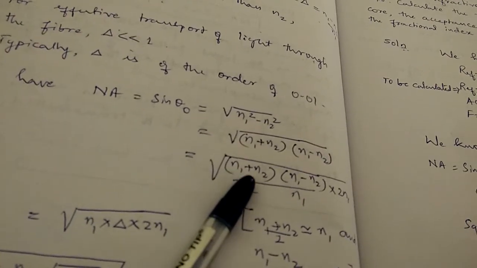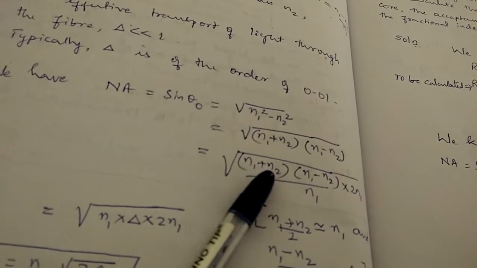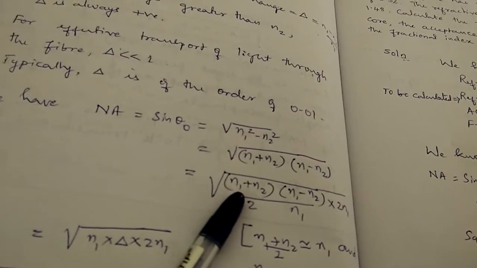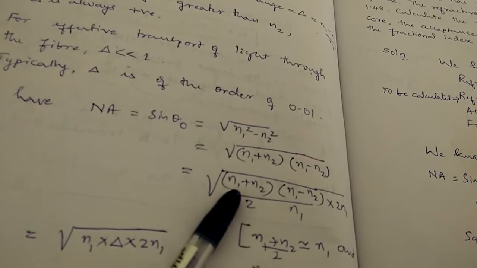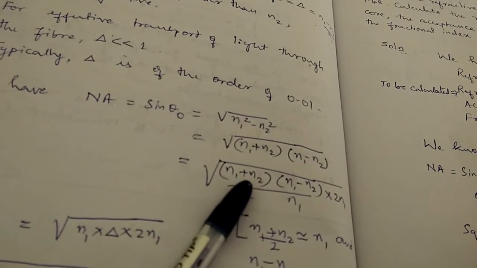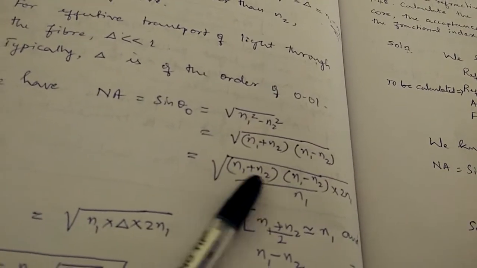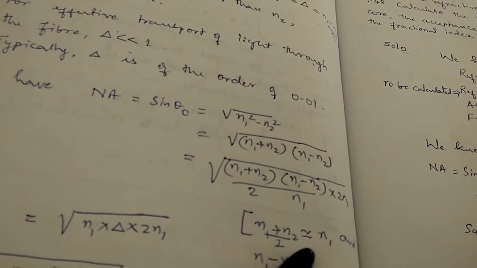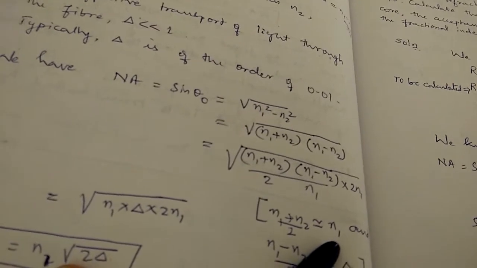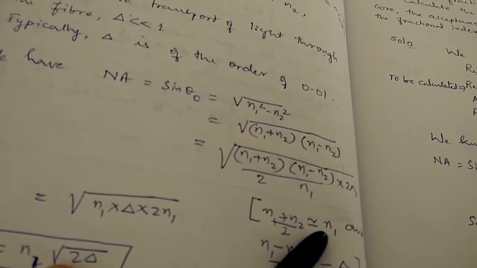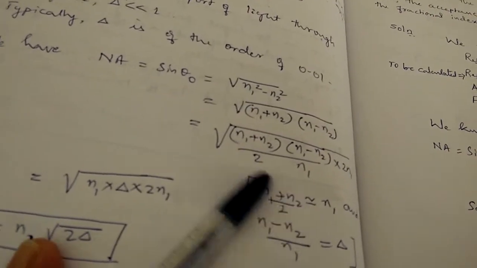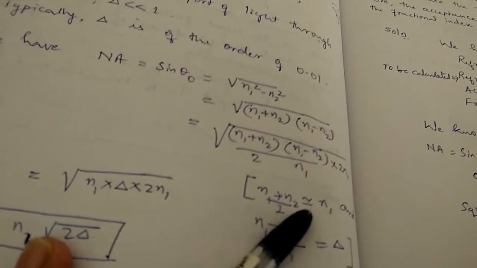Actually there won't be much difference between n1 and n2. Obviously n2 is less than n1, but it is only a little less than n1. That means the difference between n1 and n2 is very small. Hence we can consider n1 nearly equal to n2, and n1 plus n2 divided by 2 as the average value, nearly equal to n1. So we can substitute n1 plus n2 divided by 2 as n1.